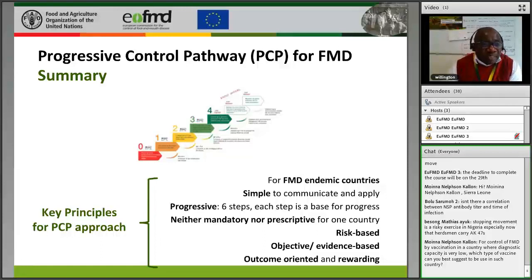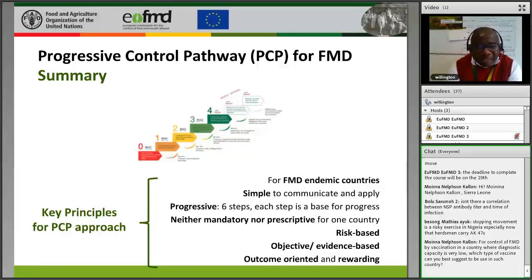What is very important here for us to know is that the progressive control pathway is a tool designed in such a way that countries that are interested in making progress in the control of foot and mouth disease and to derive the benefits that go with it can exploit it easily, in an adaptable manner, to reduce the risk of foot and mouth disease in their context.